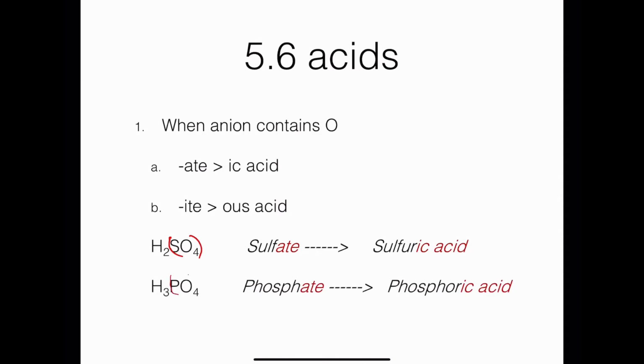H3PO4, we should be able to recognize PO4 as the base for phosphate. Phosphate becomes phosphoric acid. In this case, the root of the anion is phosphor, which comes from phosphorus. H3PO3 is phosphite. That becomes phosphorus acid. Ate becomes ic, ite becomes us.